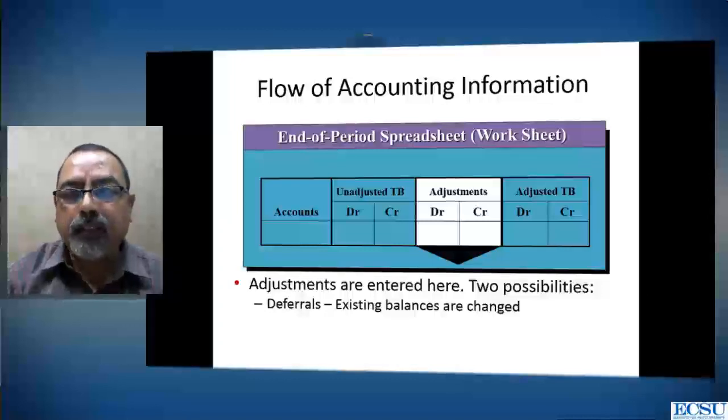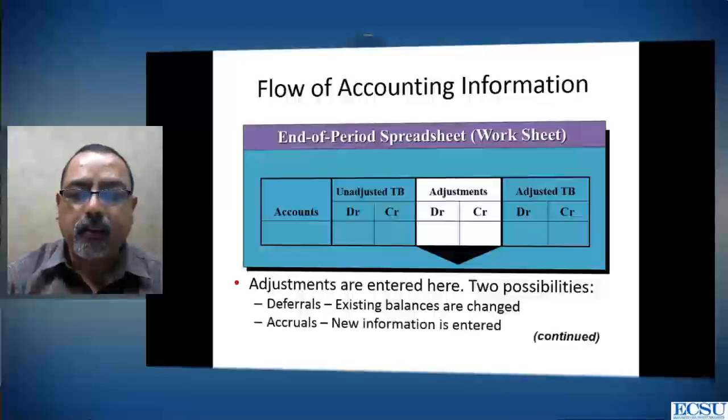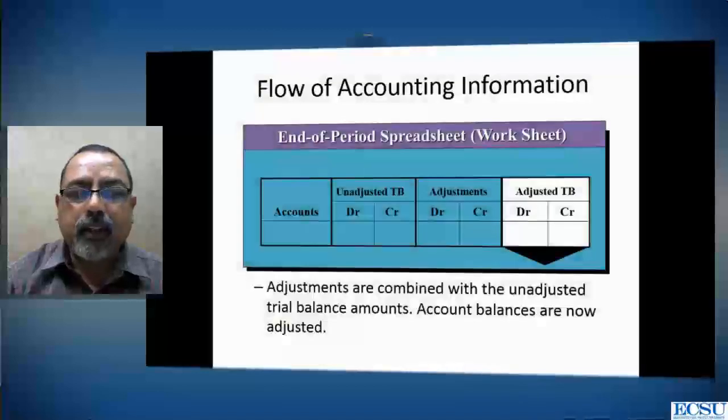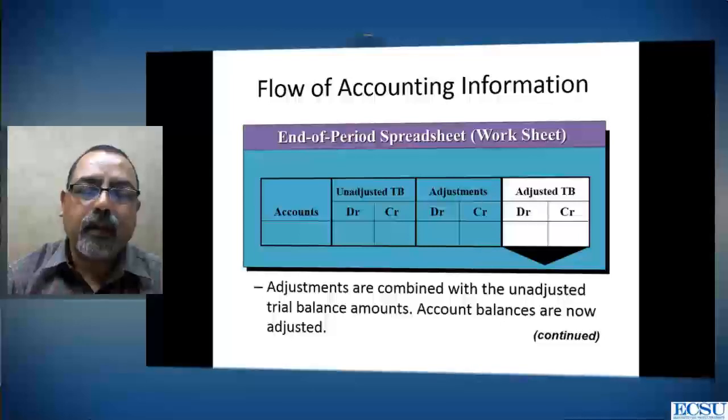For the amounts, you'll have two columns, and then you will be having the adjusted trial balance. Of course, the adjusted trial balance is calculated by taking into consideration deferrals and accruals in the adjustments. So that's how you calculate that. Now, adjustments are combined with the unadjusted trial balance, as I've been saying to you in the previous chapter as well, where I did a problem with you.